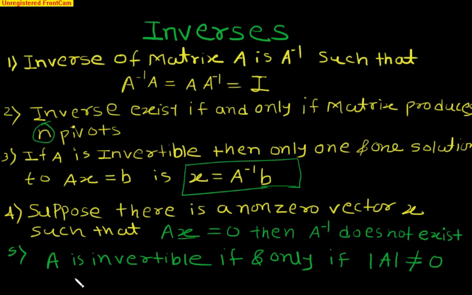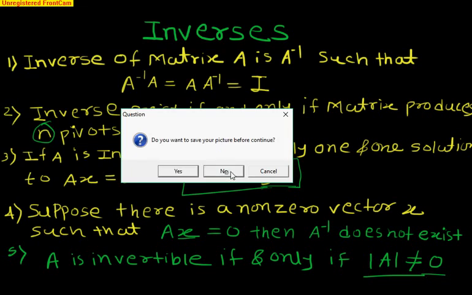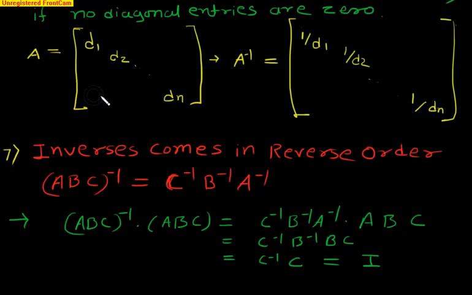Fifth point: A is invertible if and only if its determinant is not equal to 0. This is a very important point. Please note that if the determinant of A is 0, then the inverse does not exist.